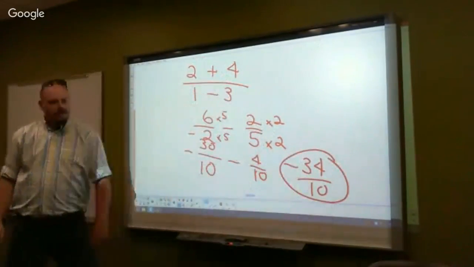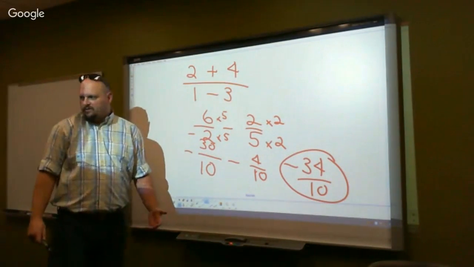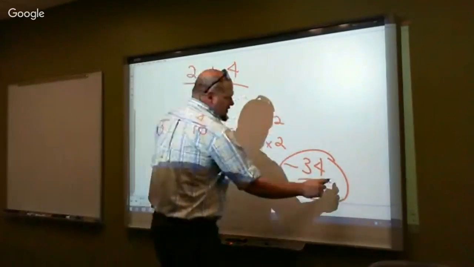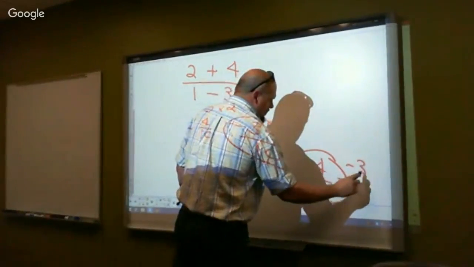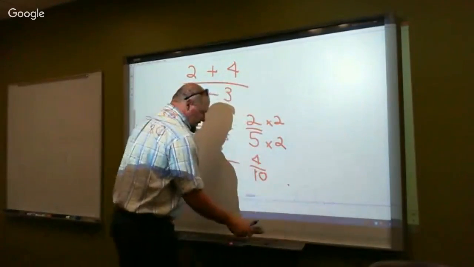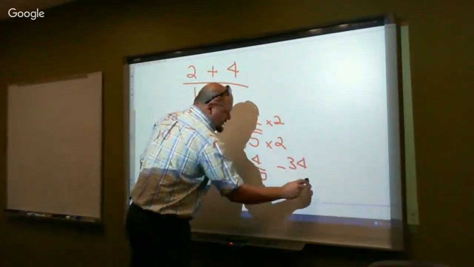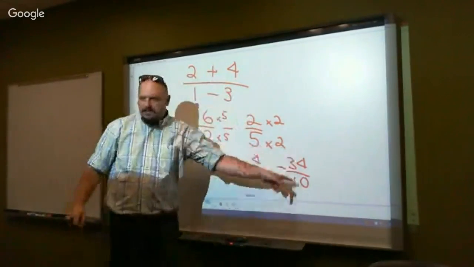We can simplify that, which would be 3 and 2/5. Oops, this is not the answer yet. We have negative 34 over 10. Can we simplify this?